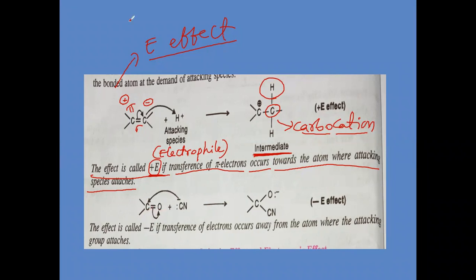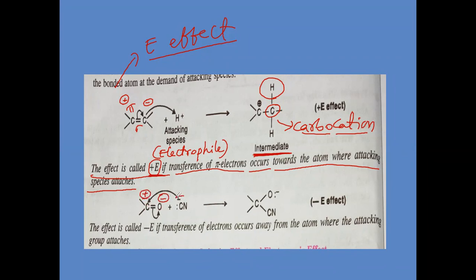So the two pi electrons will move towards oxygen, towards the right side. Now the right side oxygen gets negative charge, and the left side carbon gets positive charge.